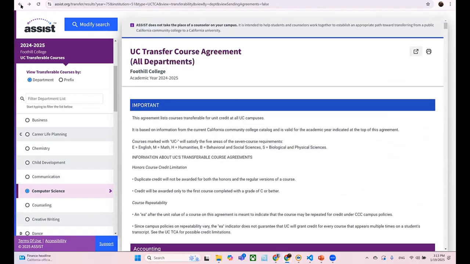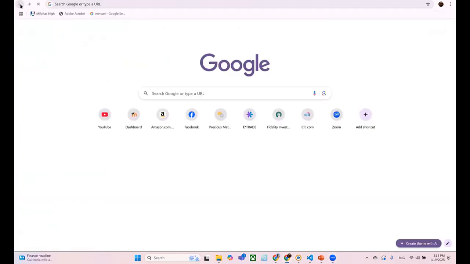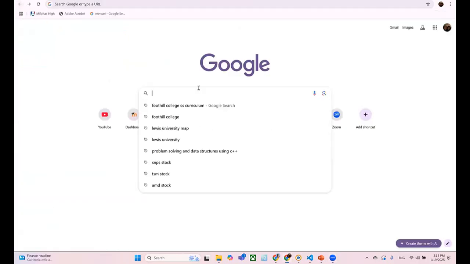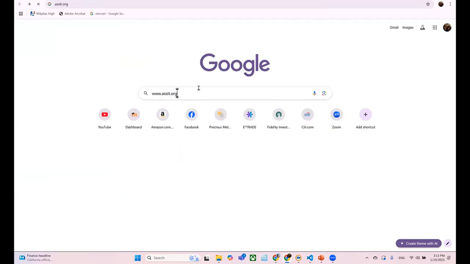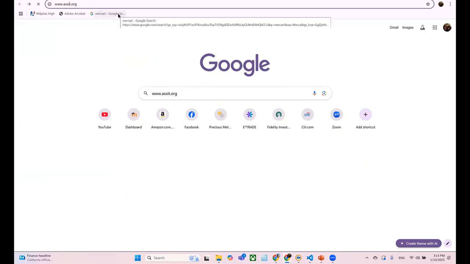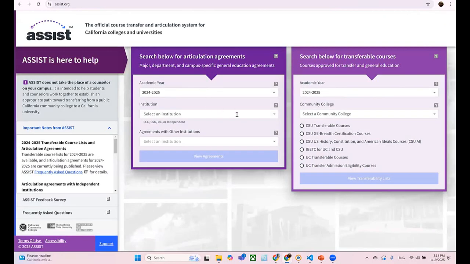Besides that, you can check with ASSIST.org. On ASSIST.org, you can look at the agreement. This is only valid for California's universities and high schools.